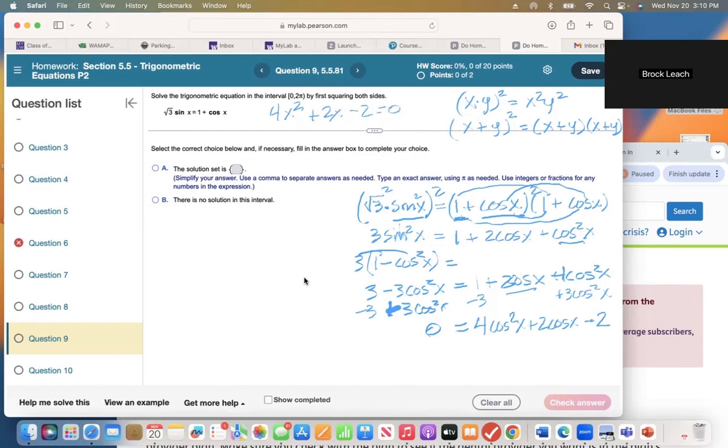And to get 4 again, it's either going to be 2x and 2x. We can try that first. And to get negative 2, we've got to have a plus and a minus. 2 and 1. So let's try 2 here and 1 here.